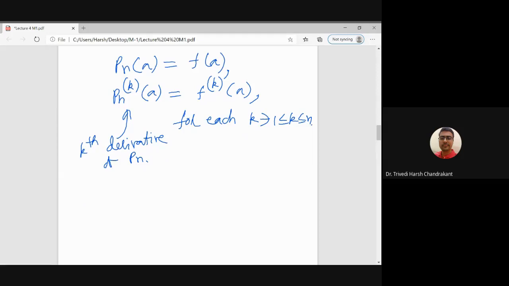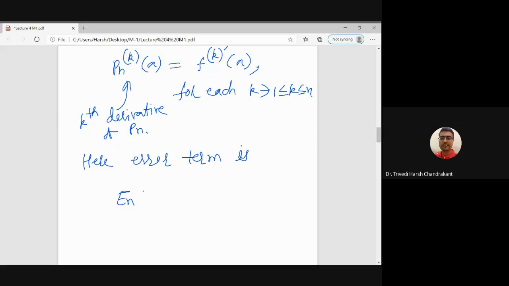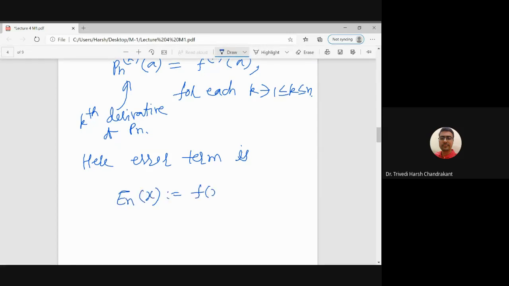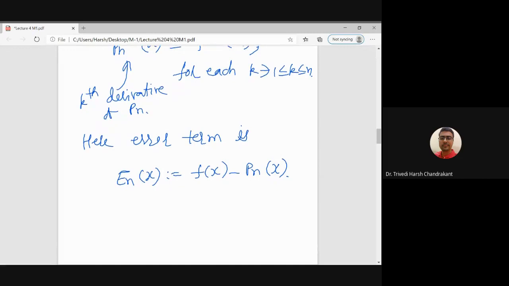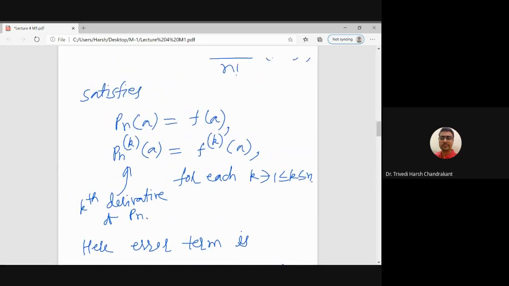And what will be the error term here? The error term is defined similarly. We denote it by En of x, that is nothing but f(x) minus Pn(x).